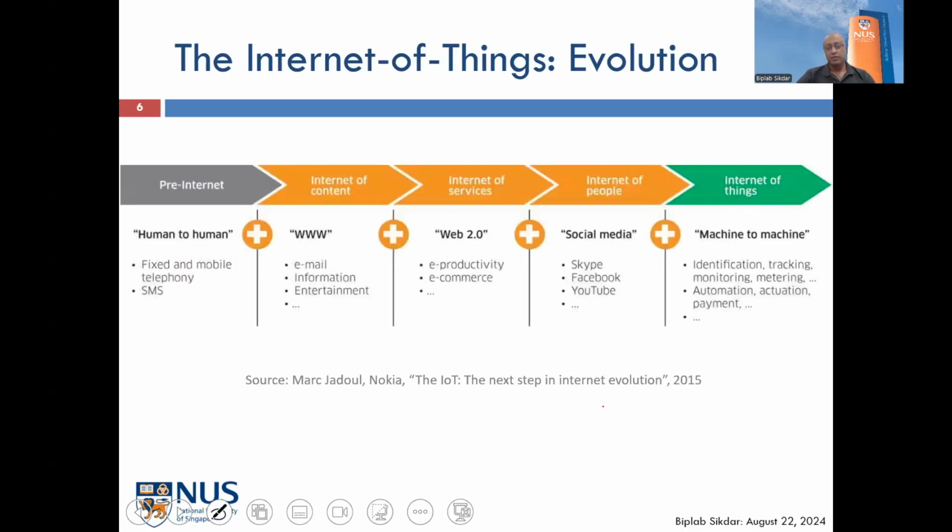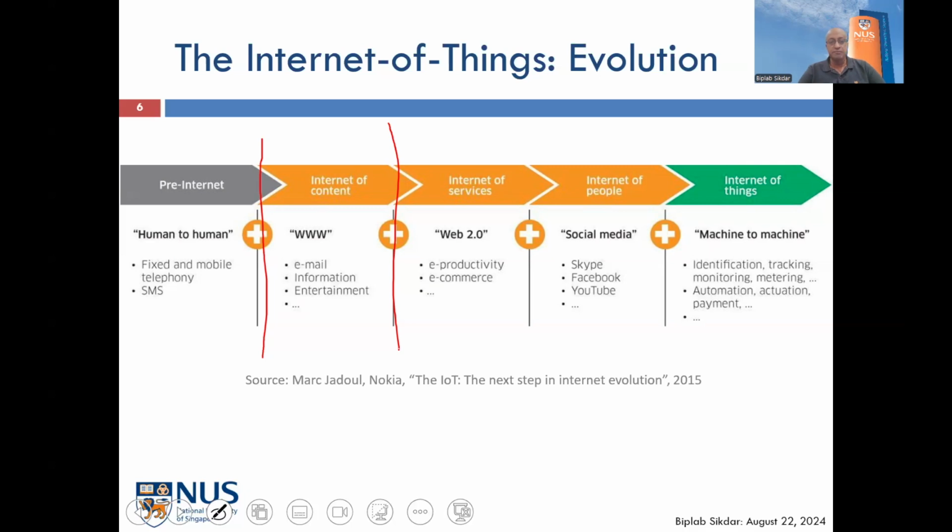One way of thinking about the evolution of the internet is that in the pre-internet era, we had the telephone, and the telephone was primarily for human-to-human conversation. Then the first 10 years of the internet in the early 90s was what we call the internet of content. In this case, people figured out that we can use the internet for getting information, right?